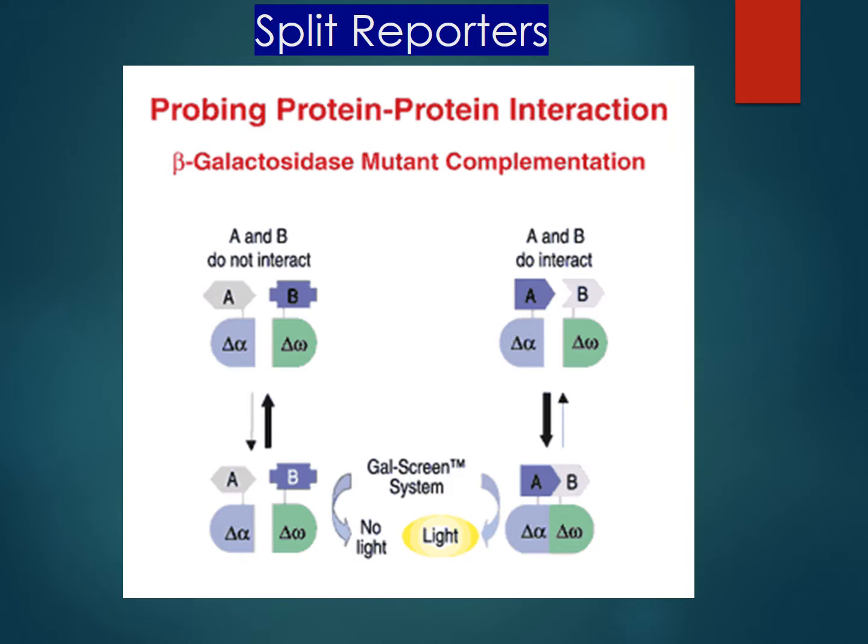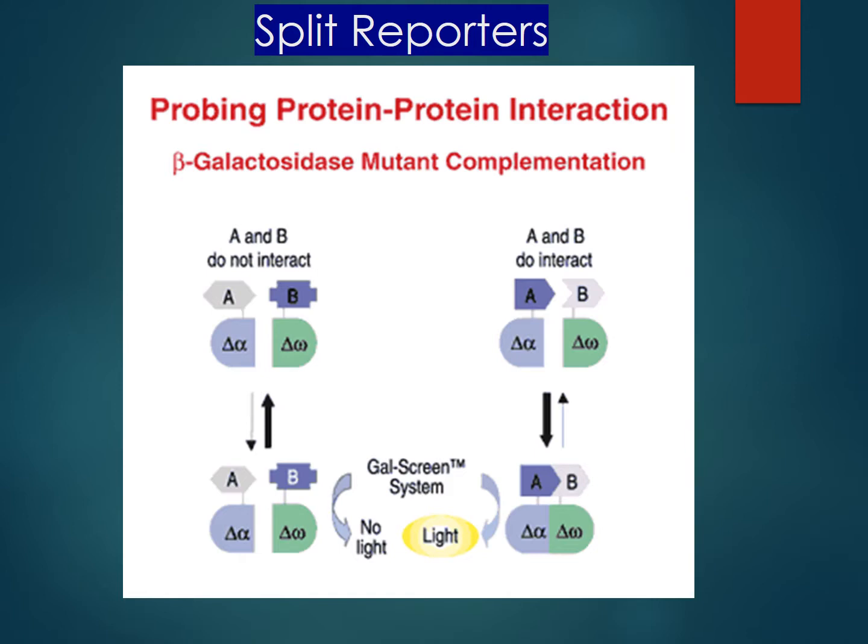Certainly controls would be A by itself, B by itself, neither, right? Because you don't want A to magically have the capability of chewing the substrate here. Imagine A had beta galactosidase activity, or B did, and they didn't need each other, they would still give you a light. I mean, that would be very rare, but you've got to have the controls.